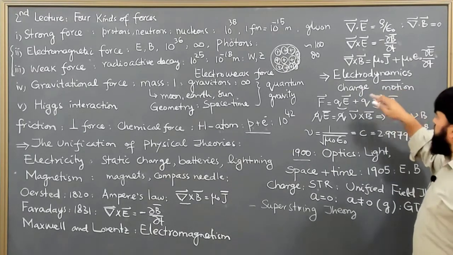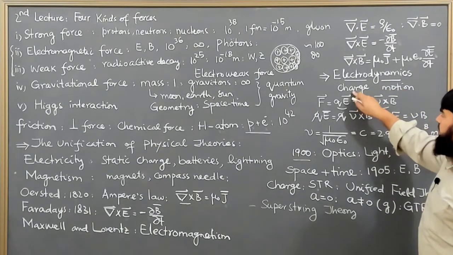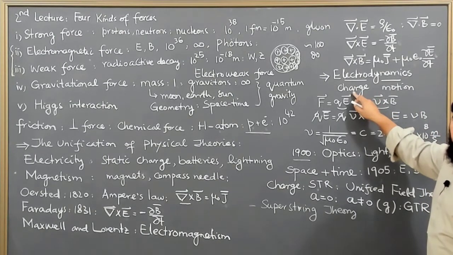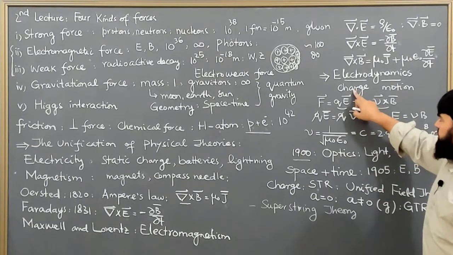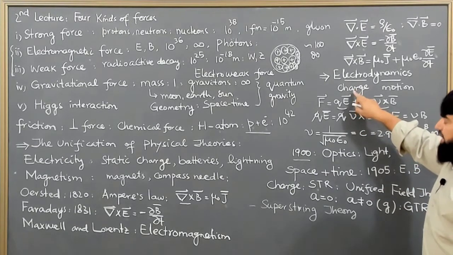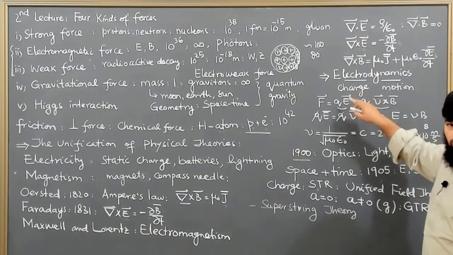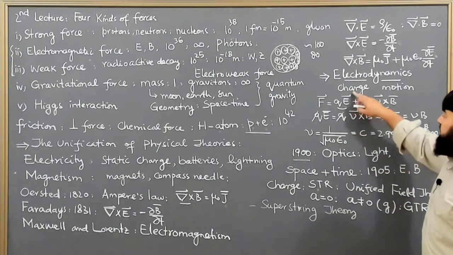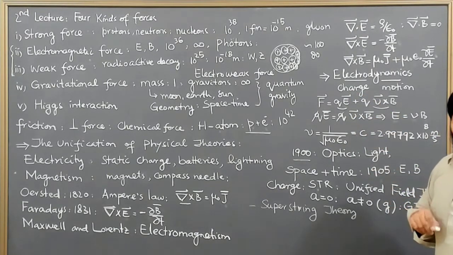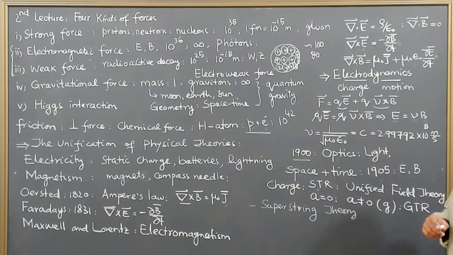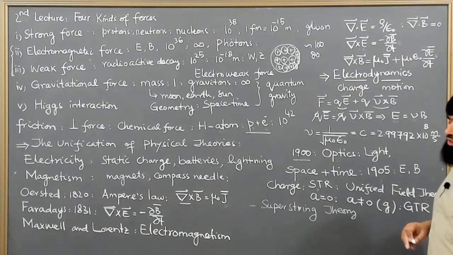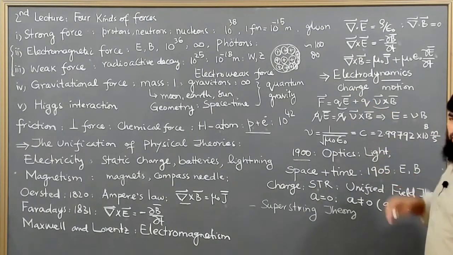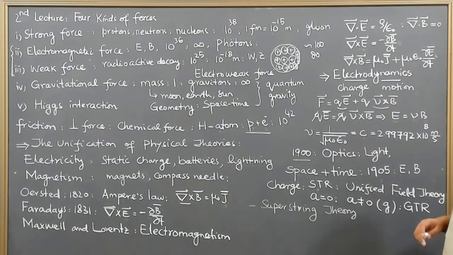The source of our field is charge, and we will discuss charge onward: what is charge, what is the magnitude of this charge, what is the minimum value of this charge, what is meant by charge quantization, what is meant by charge integrity, why charge is plus and minus, and all these things.